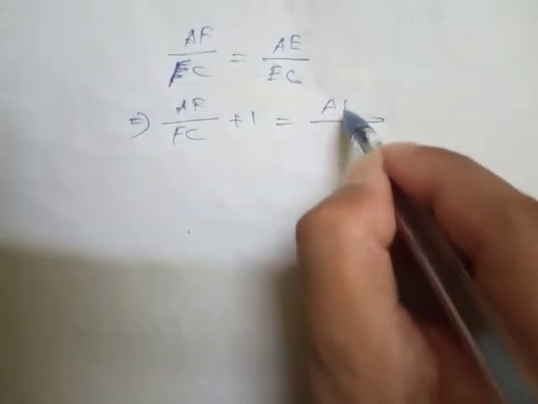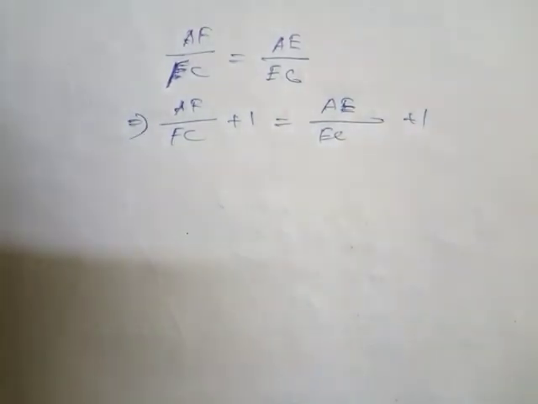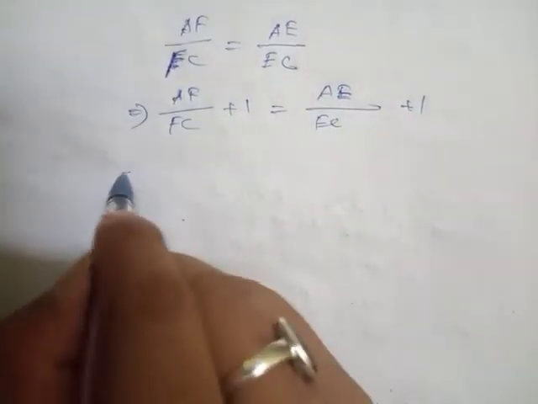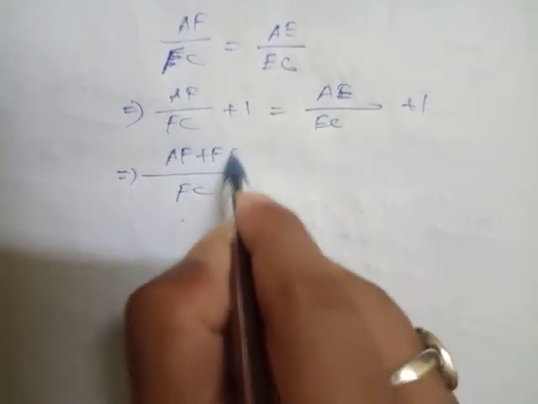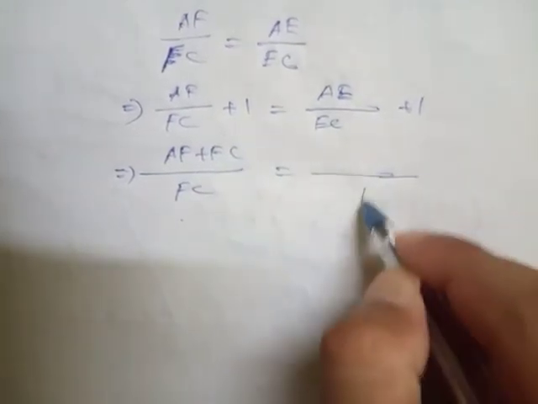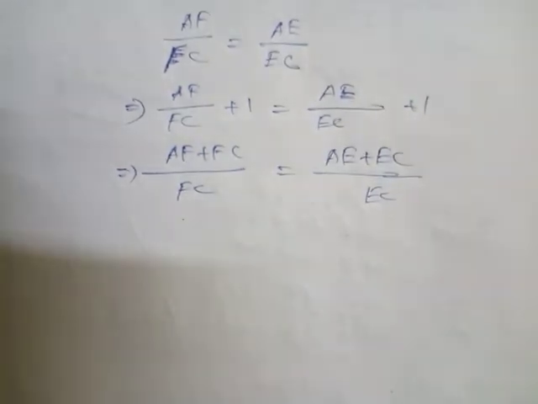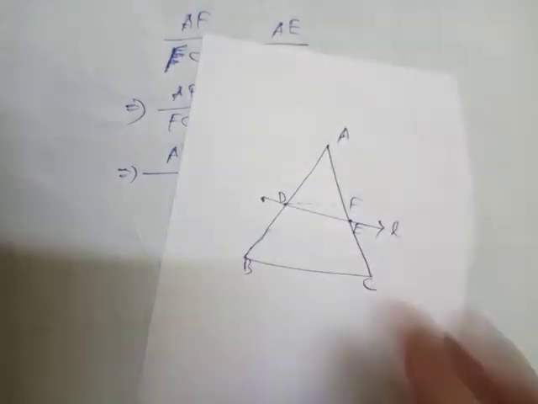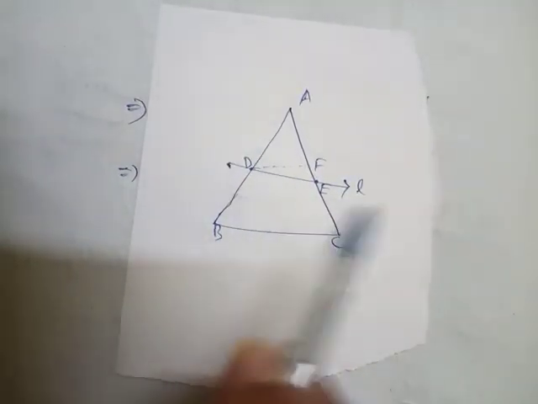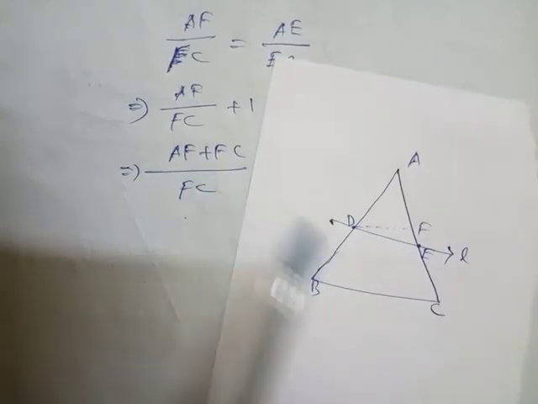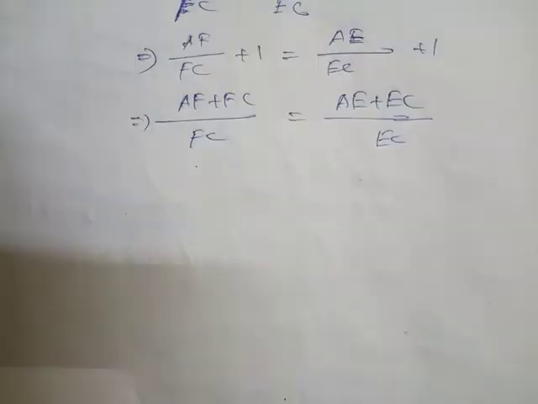If we add 1 to both sides, AF by FC plus 1, and AE by EC plus 1. Now look, what will happen? We'll take the LCM. AF by FC, and this is EC. Now look, students, in the diagram, AF plus FC means AC.